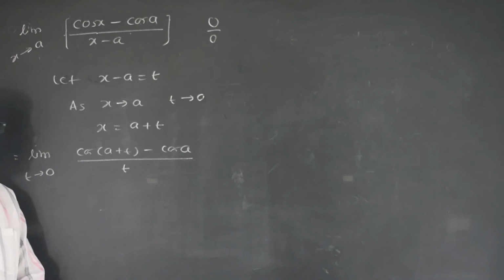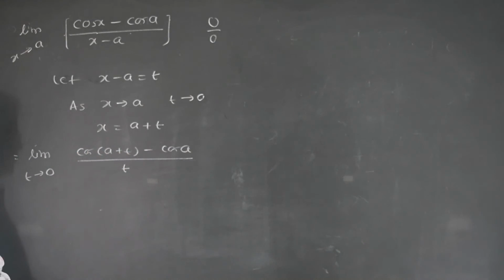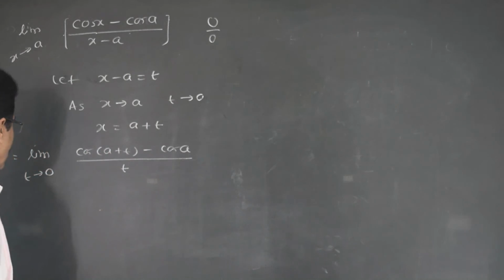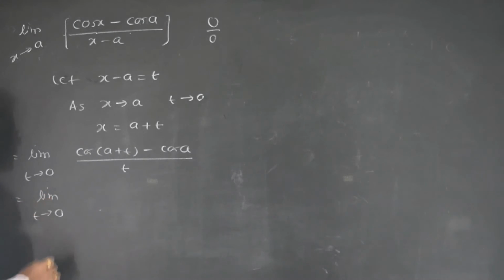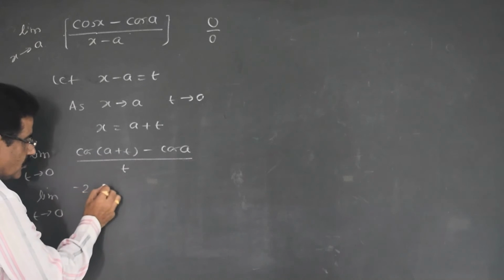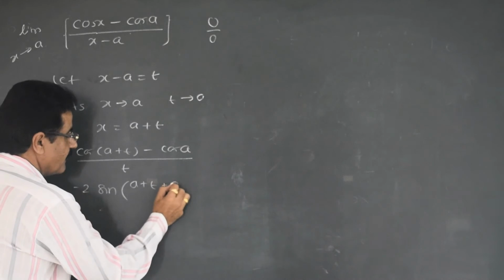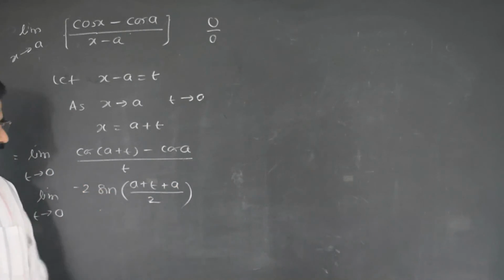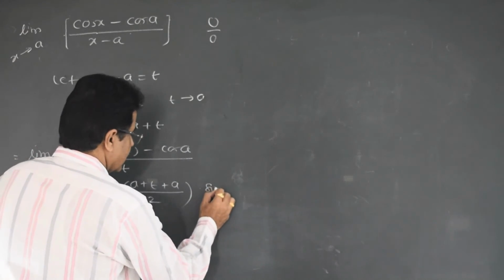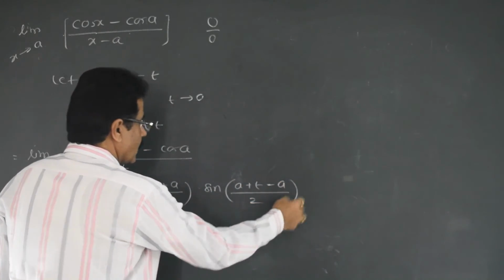Either you can use the formula of cos c minus cos d, or we can also use the formula of cos of (a plus b). Better to use the formula of cos c minus cos d. The formula is minus 2 sin of (c plus d) by 2, multiplied by sin of (c minus d) upon 2.